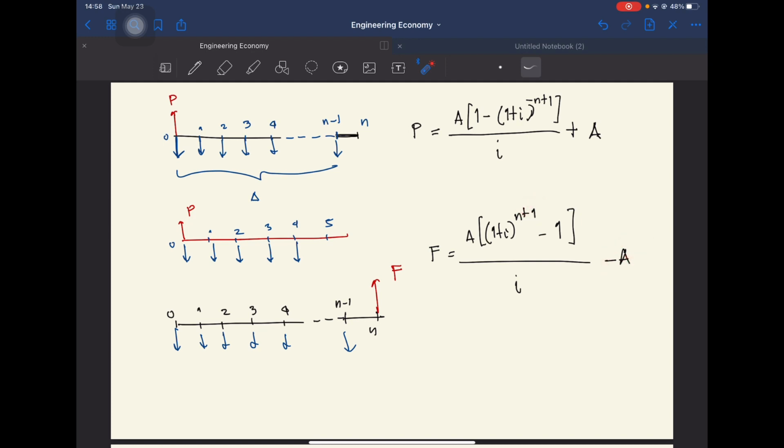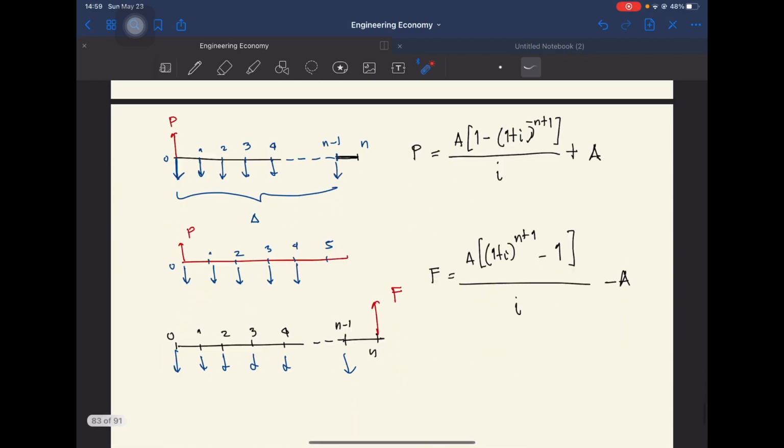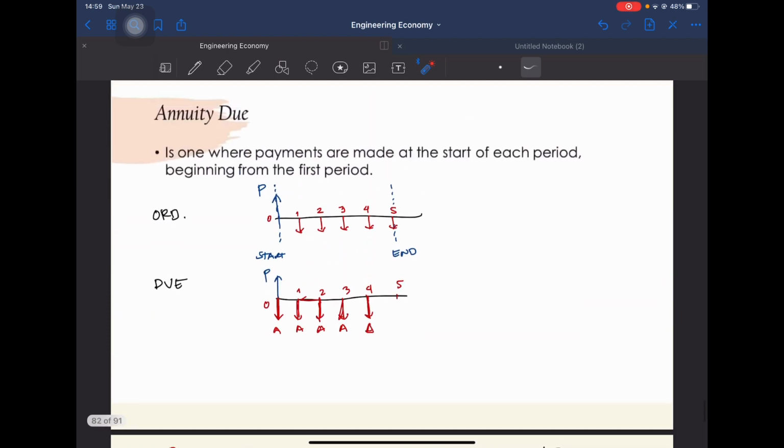Ganito kasi yan. When you compute for the future worth of your ordinary annuity, ang hinahagip niya ay lahat ng nasa likod niya kasabay nung katapat niya. Tama ba? Kasi kapag ordinary annuity, 'di ba ganito ang itsura ng future worth? I-drawing natin. Let's say 5 years yan, and then kung ordinary annuity yan, magsisimula yung payment mo dun sa number 1, syempre. 2, 3, 4, 5.